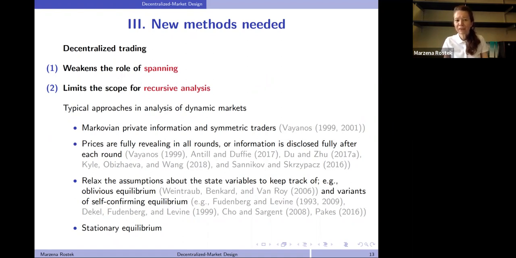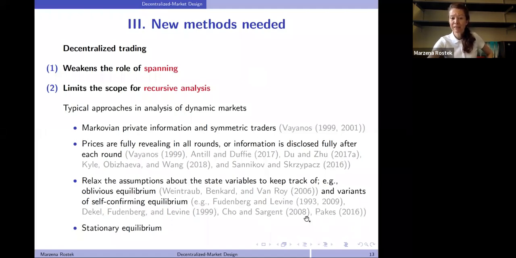Another approach in more popular empirical work has relaxed the assumptions about the state variables that players need to keep track of. This led to the notion of the oblivious equilibrium, which is popular in computational work, and various notions of self-confirming equilibrium.